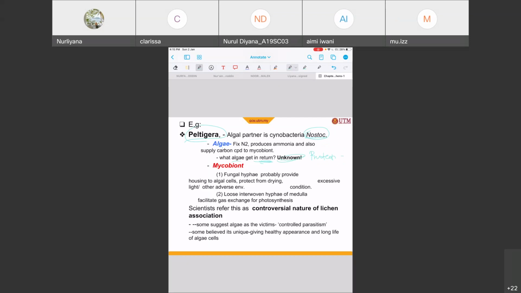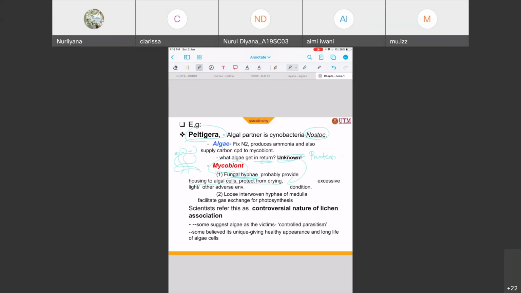So this microbiome, the fungal hyphae, we saw earlier the structure has a cortex, and it also has a medulla. So the algae will be located in between the structure. So they provide housing to the algae cell, protecting it from drying. So these are the functions of why the microbiome is helpful, what the algae get in return when they incorporate algae with them.